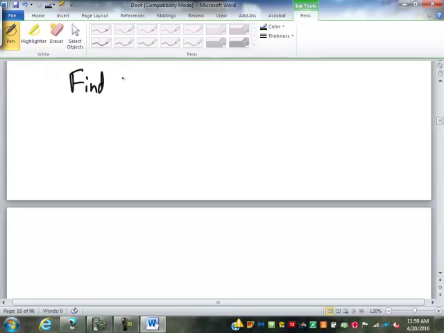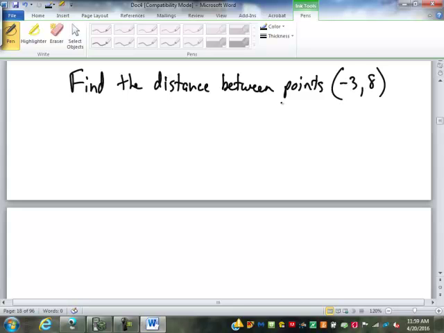Find the distance between the points -3, 8 and 2, -4.